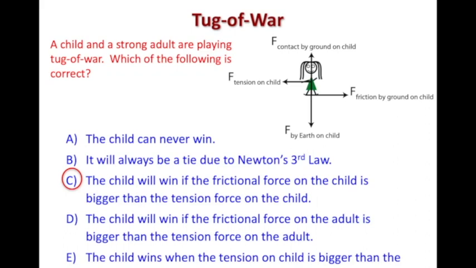And so we could talk about the third law here. If there's an F tension on child, that is the force by the rope on the child. That means there's an equal and opposite force on the rope by the child. And then that's going to translate to a force on the adult by the rope. And there's an equal and opposite force on the rope by the adult.